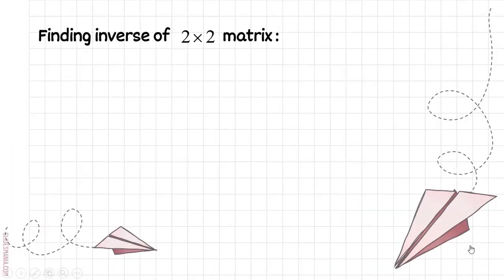Now we will see how to find the inverse of a 2 by 2 matrix. You will write first that matrix A is equal to IA.